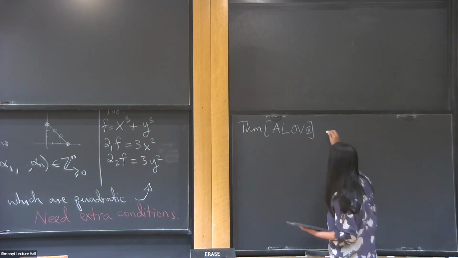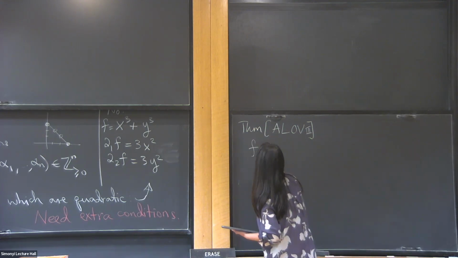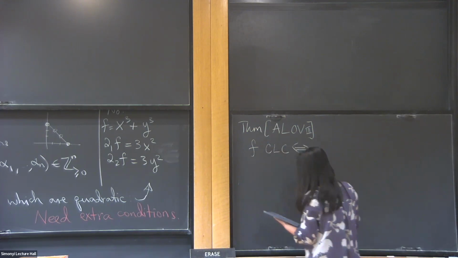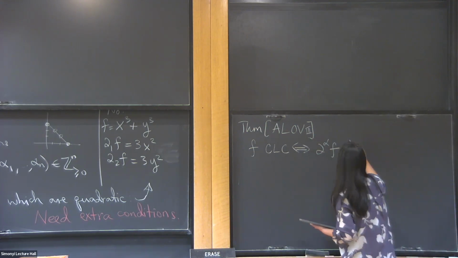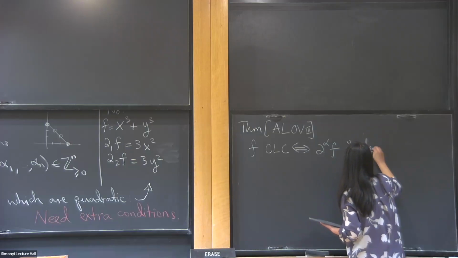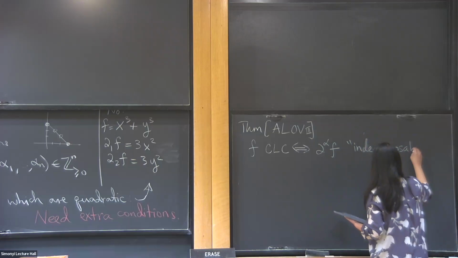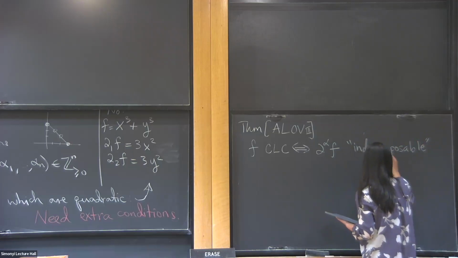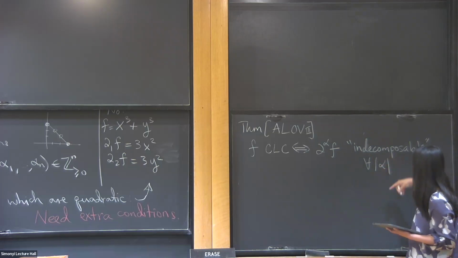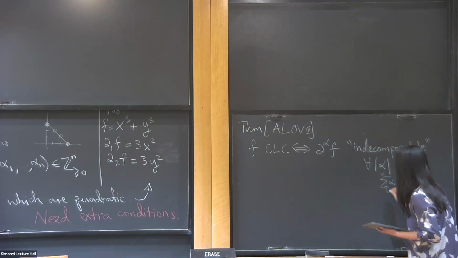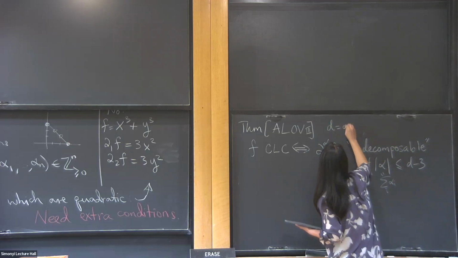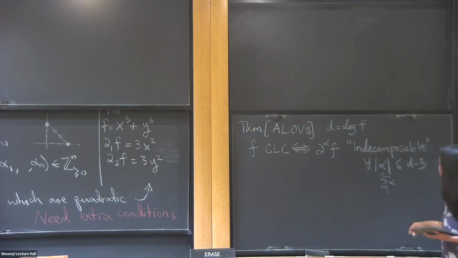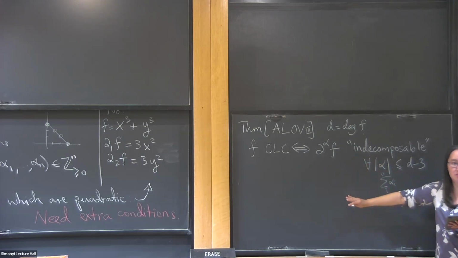Right, so under the same condition, F is homogeneous with non-negative coefficients. F is completely log-concave if and only if all the partial derivatives with respect to the variables are indecomposable, which I will define in a moment, for all alpha with |alpha|, the sum of the coordinates, less than or equal to d minus 3, where d is the degree of F. That means the partial derivatives of degree 3 or more have to satisfy the indecomposable condition, which I'll write down in a moment.